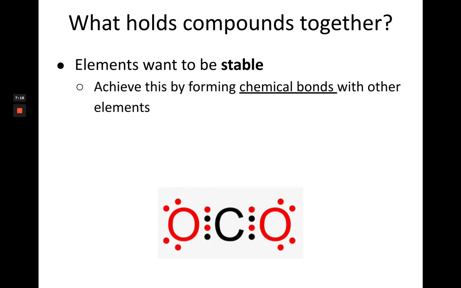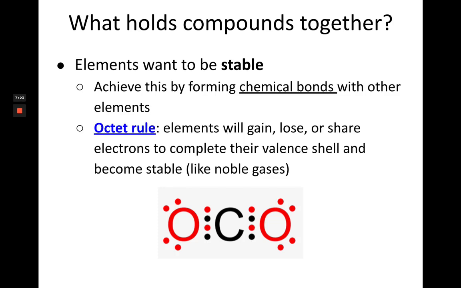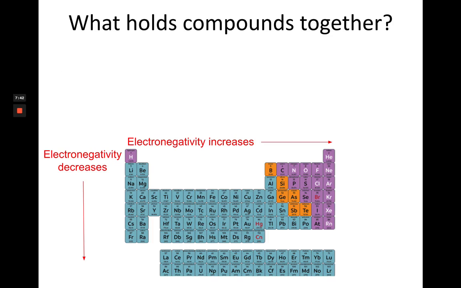And to achieve this, they're going to form chemical bonds with other elements because of this thing called the octet rule. Elements will gain, lose, or share electrons to complete their valence shell and become stable like the noble gases. And we call it the octet rule because generally we're looking for 8 electrons, but that's a little deeper than we need to worry about in biology.